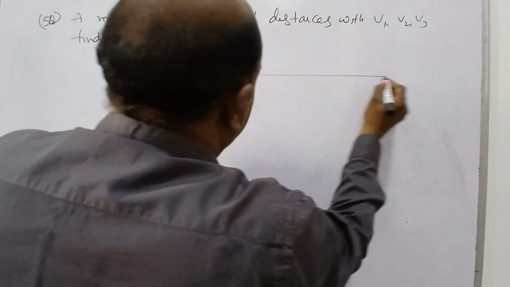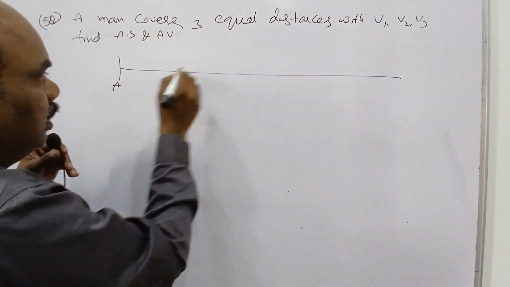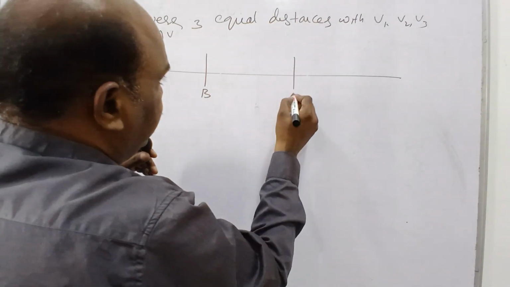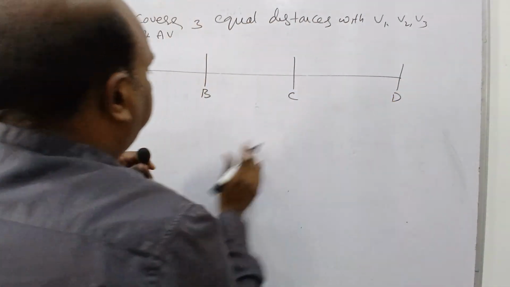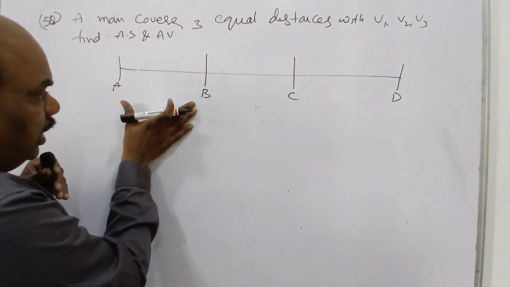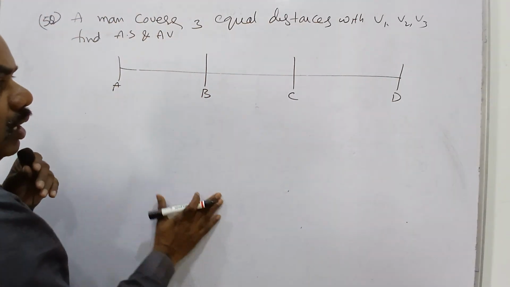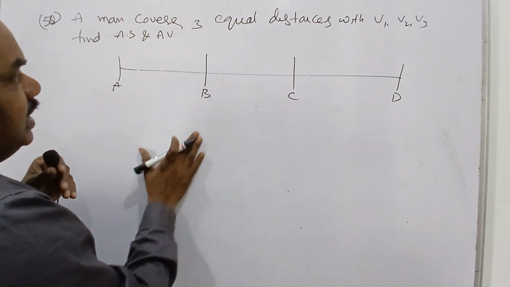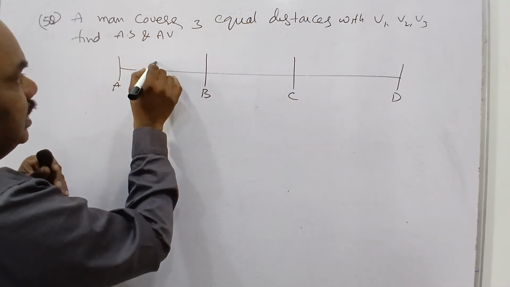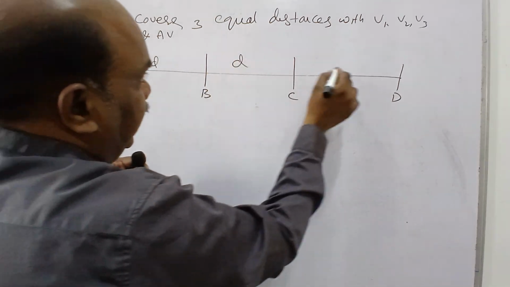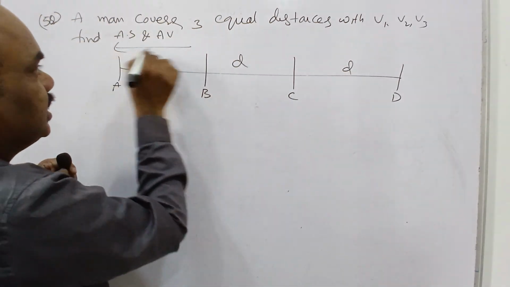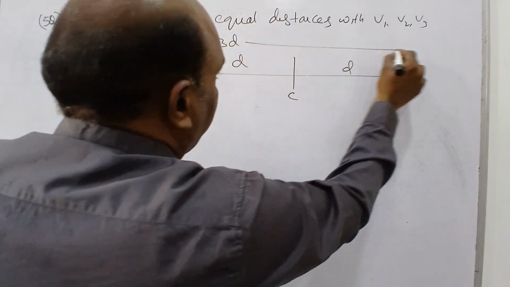See, beta, this is what? Point A, point B, point C, point D. AB distance equals BC distance equals CD distance. Why? Because they are mentioning equal distances. So let the distances A to B, B to C, C to D be D, D, D. That means the total distance covered by the man is 3D.